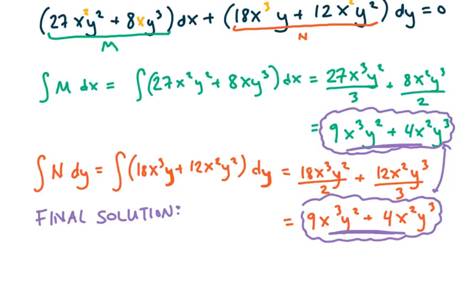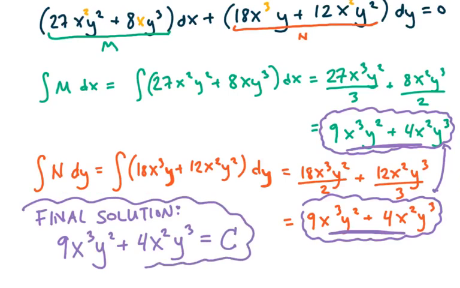So our final solution can be expressed as 9x cubed y squared plus 4x squared y cubed is equal to c. And that should be it. I'll leave it to you if you'd like to verify that that solution is good. Hopefully that helps.